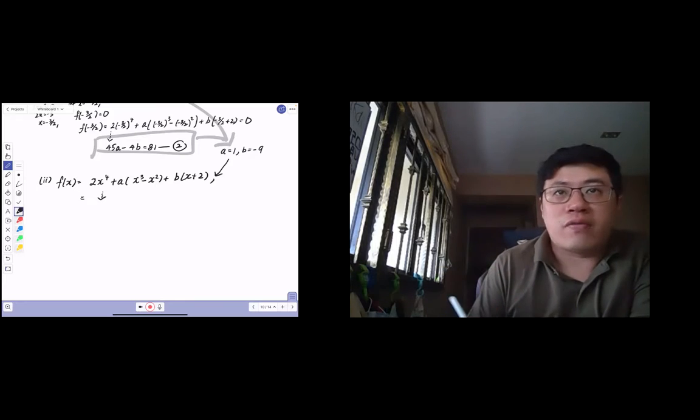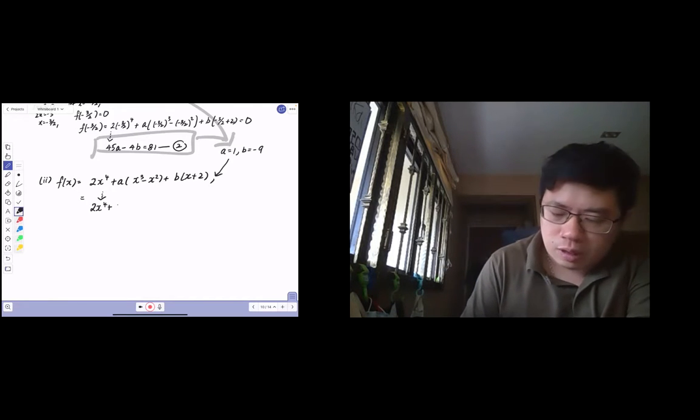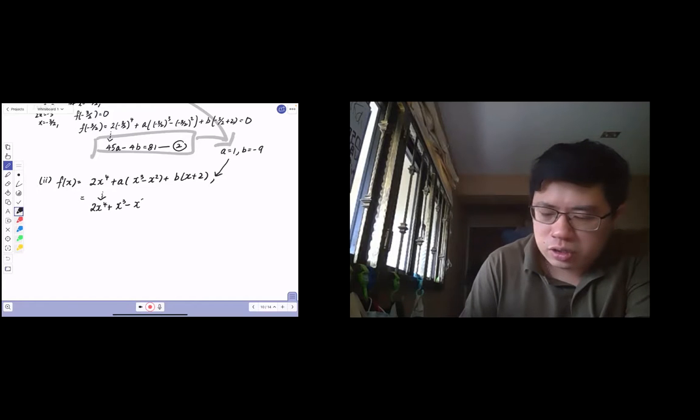Your f(x) should be equal to 2x to the power 4 plus x cubed minus x squared minus 9x minus 18.